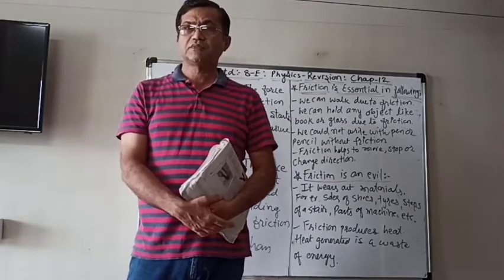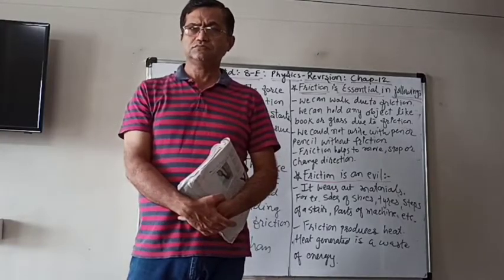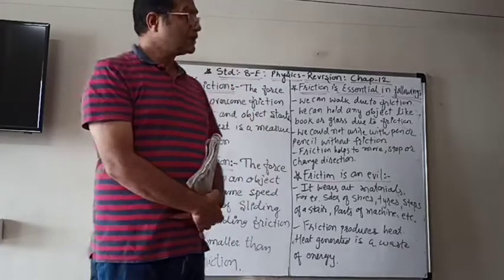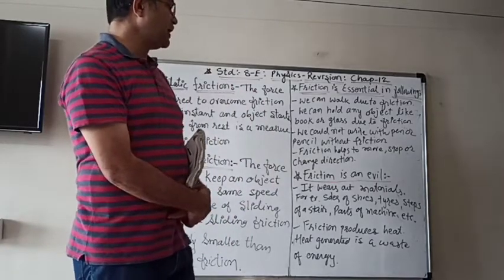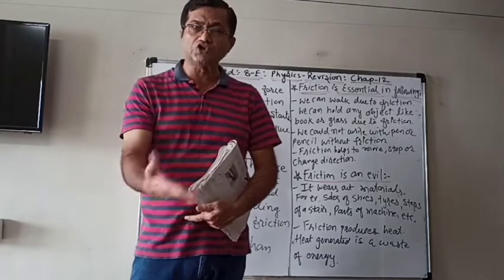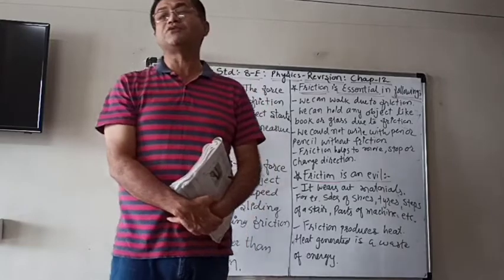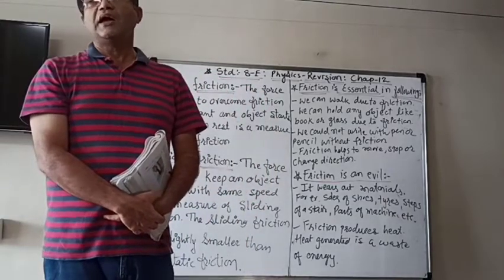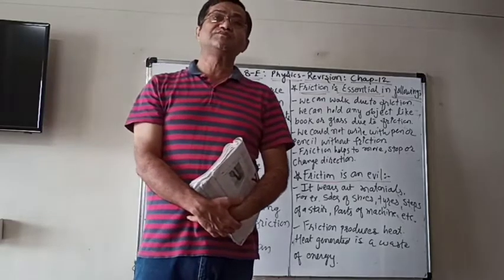Otherwise vehicles will slip on the road. Also, in some situations, friction helps to move, to stop, or to change the direction of the motion. It means that friction is very, very essential.